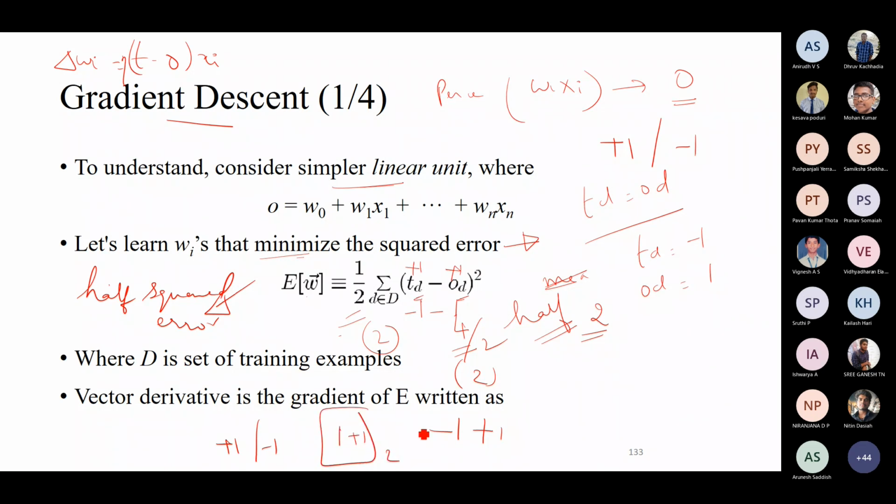And supposing you have a -1 which is categorized as +1, then it will become -2. So these two will get cancelled if you just don't square it. That is why you square it, and then it is halved. That is why it is called the half squared error.